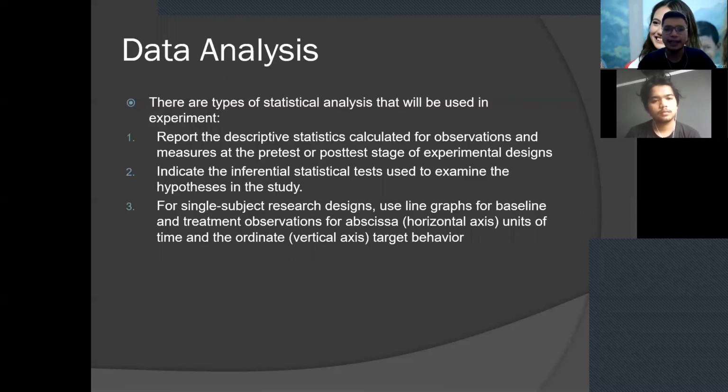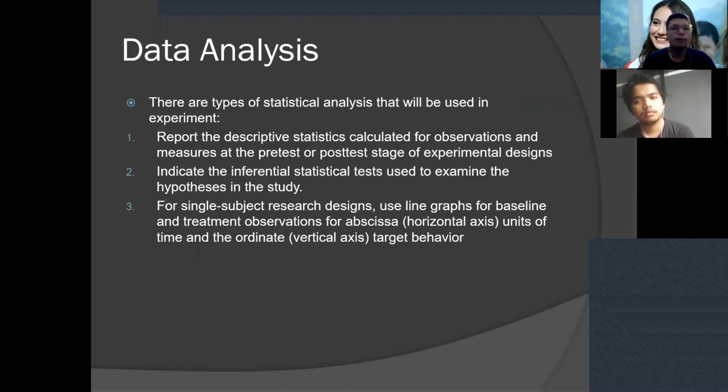The second one, indicate the inferential statistical test used to examine the hypothesis in the study. So besides descriptive statistics, you have to do inferential statistics to test your hypothesis.